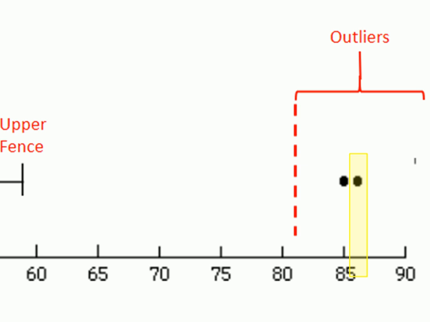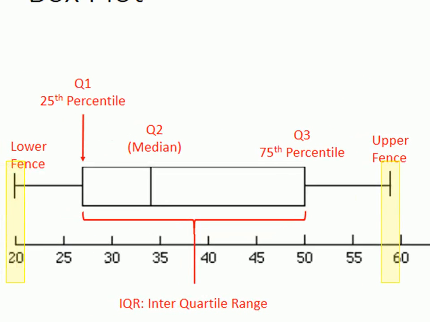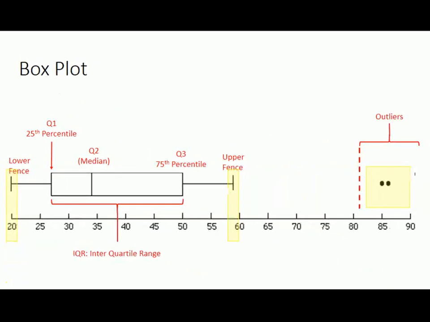The dot that's furthest to the right is the maximum data value. But you have, in a box plot, these little whiskers that show the fence, separating what are outlier data from the non-outlier data.